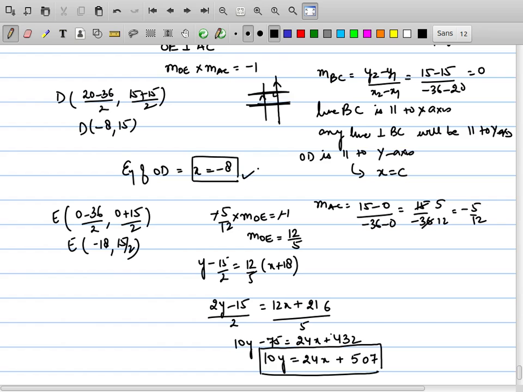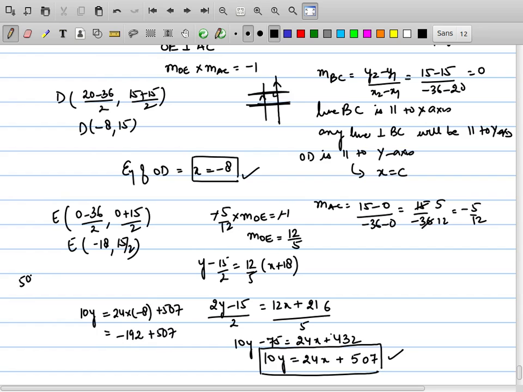Now we know the equations of two perpendicular bisectors, and we can now simultaneously solve them to get the point of intersection, which will be the circumcenter. Now x is obviously minus 8, so we'll put this value in the second equation. 10y is equal to 24 into minus 8 plus 507. This is minus 192 plus 507.